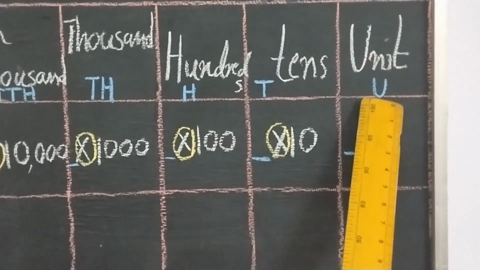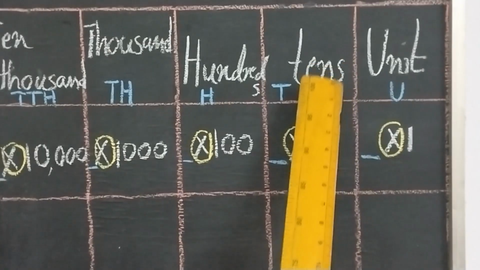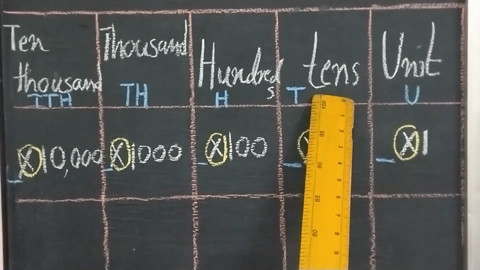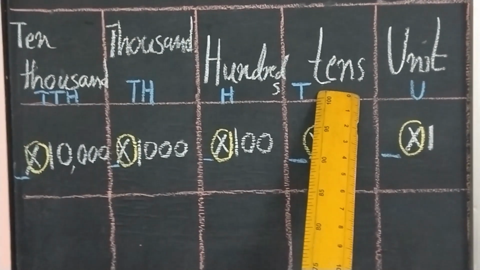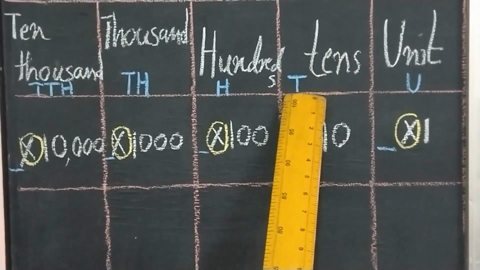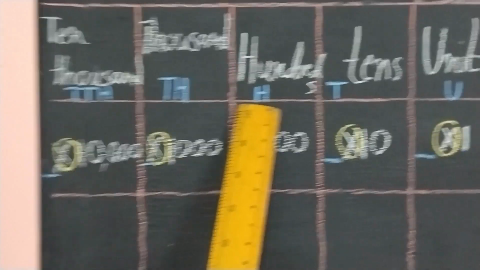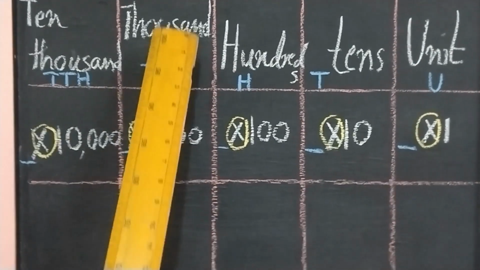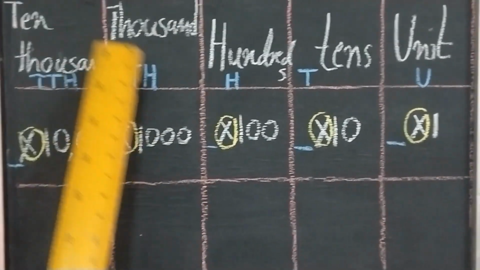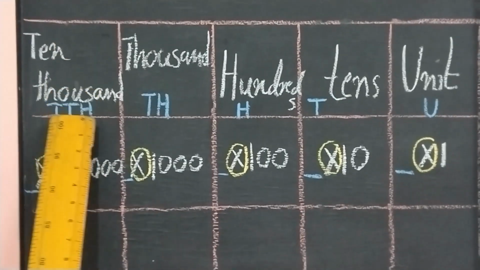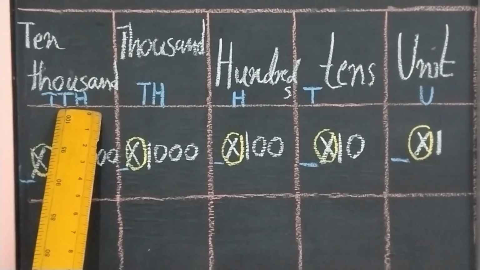We represent it by U. Next one, as we go on the left hand side, comes tens represented by T, then hundreds represented by H, 1000 represented by PH and 10,000 represented by PPH.